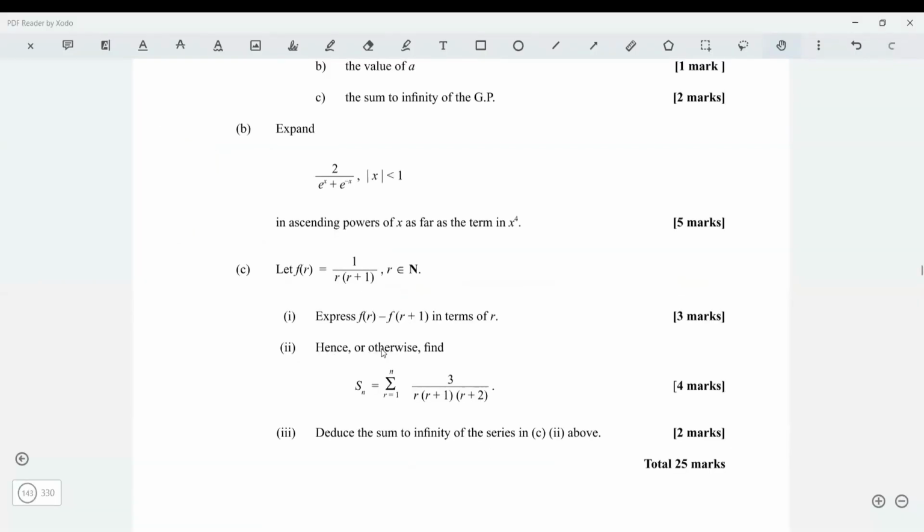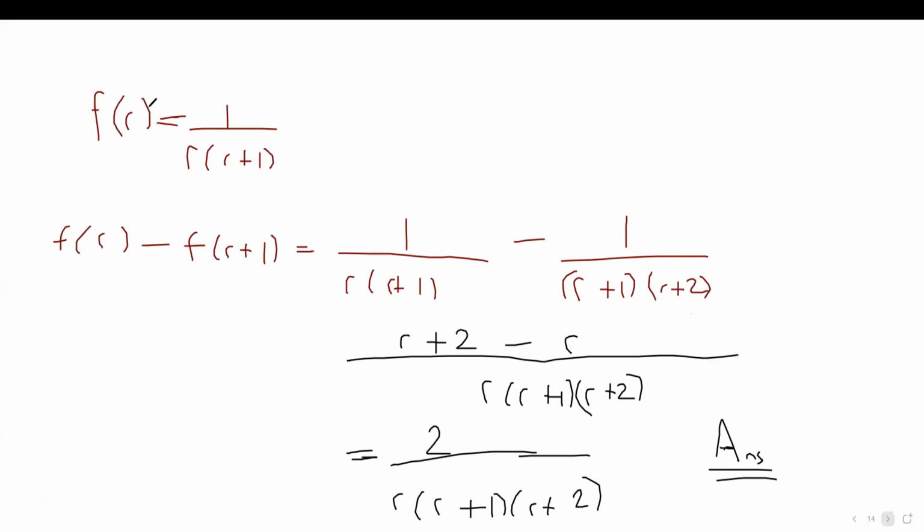Then now they say hence or otherwise find the sum of 3 over r times r plus 1 times r plus 2. So now we have Sn, which is equal to the sum from r equals 1 to n of 3 over r times r plus 1 times r plus 2.